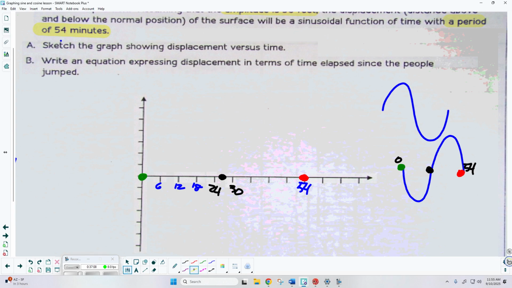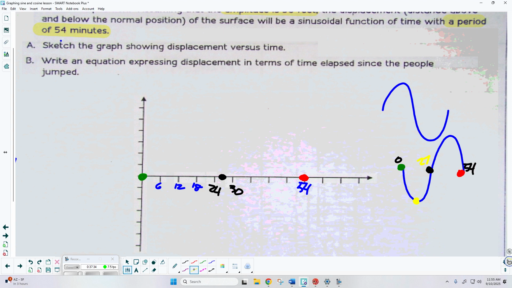Okay. Now, this minimum value and this maximum value, they're each going to be exactly halfway between their respective points. So if this one right here we're saying is 27, what's half of 27? Okay, 13.5. But here's the thing. At 13.5, this is when the ground reaches its lowest point.